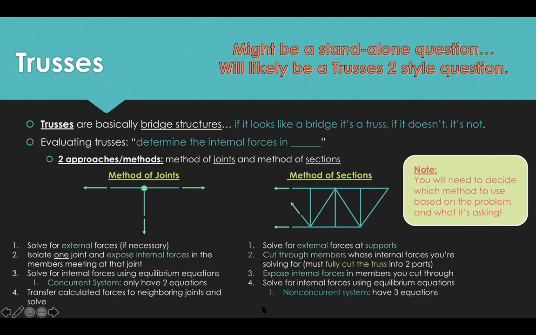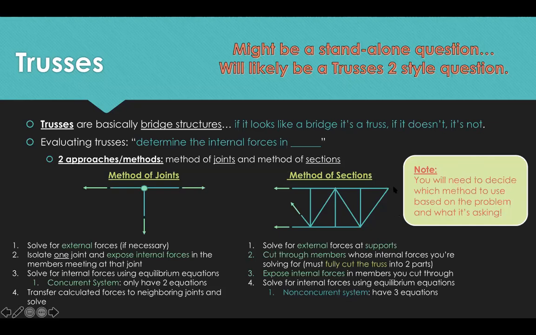Yeah, I have a question. For the top right corner of that method of sections picture, you were saying that if there were no external forces, then those two members would be zero force members. What if that corner is a pin attached to a wall and there are reaction forces? Do those count, or is it just external loads that count for zero force members?